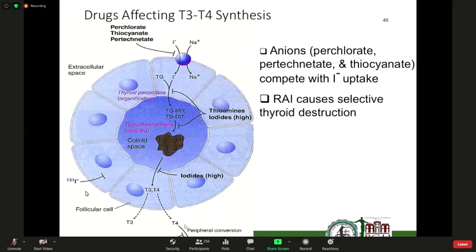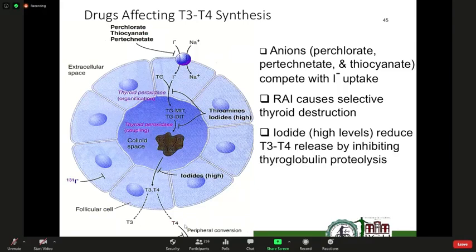And radioactive iodine, if you give it, causes selective thyroid destruction. High levels of iodides reduce the T3 and T4 levels peripherally by inhibiting the thyroglobulin proteolysis, and this is what it inhibits.